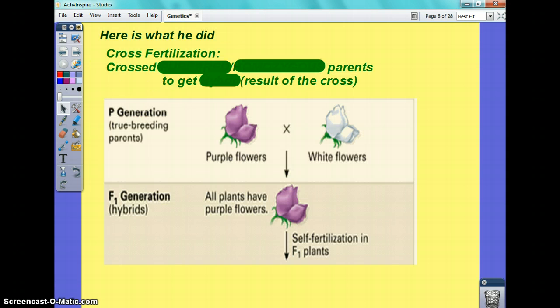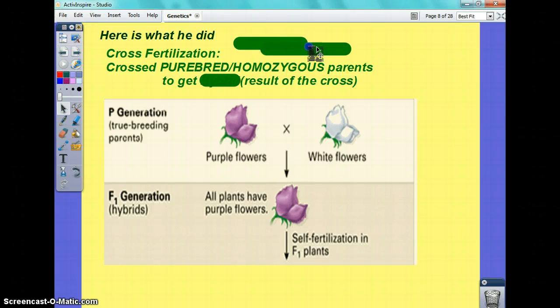Okay, so he cross-fertilized. He used homozygous parents, which are also called purebred. That's why there's a slash there. Purebred slash homozygous means the same thing. He did this to get an offspring called hybrid. This F1 generation is also called hybrid.